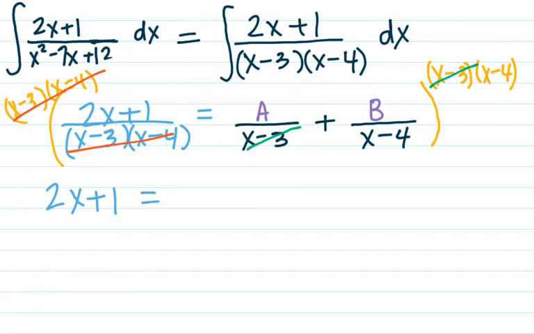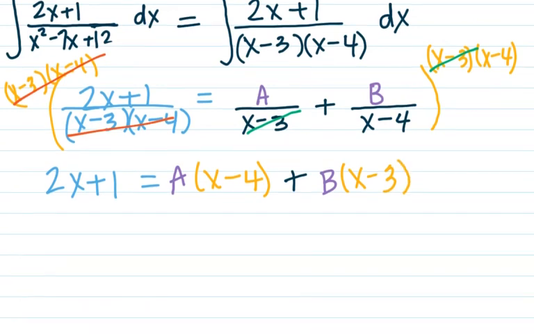So then we're going to be left with our A, and that's going to be times the x minus 4 term. And then we're going to have the same thing with our B. So when we multiply our B's, we're going to see that the x minus 4's cancel. So then we'll have B times x minus 3.